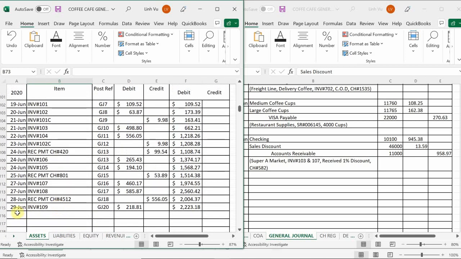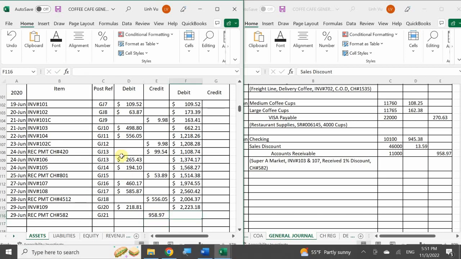And of course, I can just do accounts receivable right underneath. Accounts receivable, 6/29, receive payment, check number 582 for General Journal 21 for 958.97.